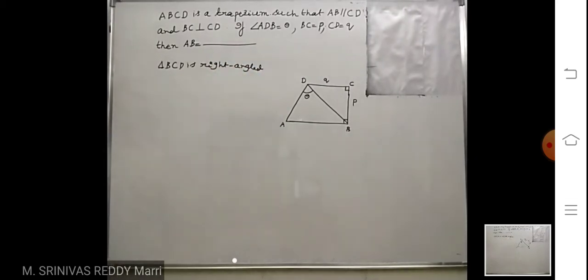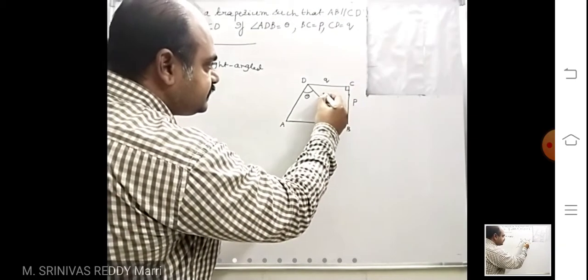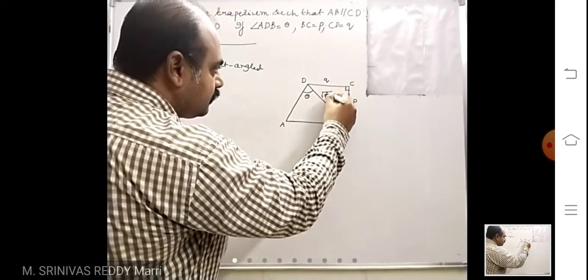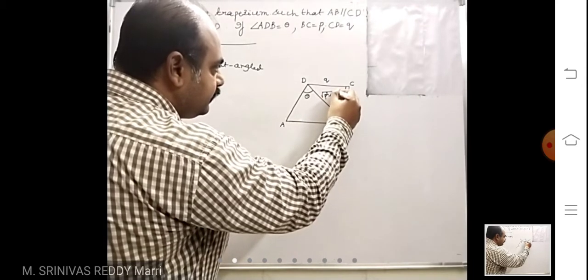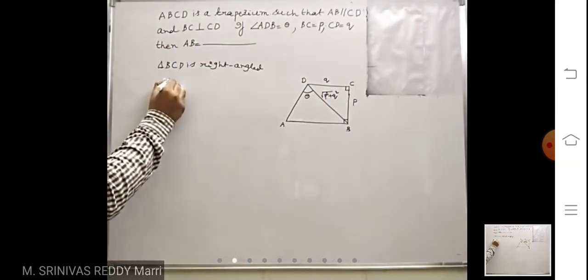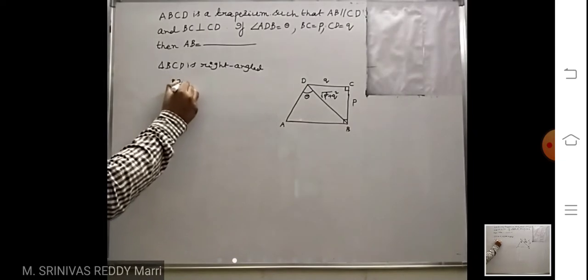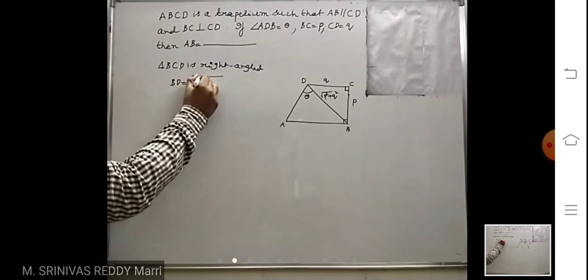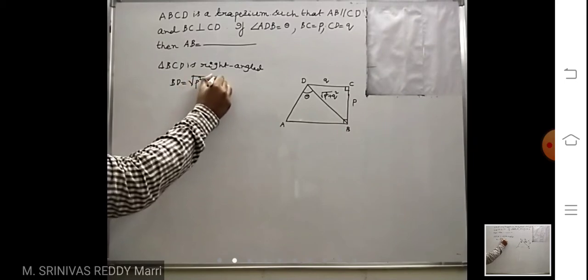Right? You can observe here. So if this is P, this is Q, the hypotenuse you can easily find. In the right angle triangle, this BD you get is root of P square plus Q square.